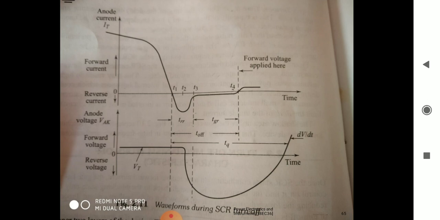So in order to turn off the SCR, the current level must be reduced to below the holding current of SCR. If we apply the forward voltage immediately after the current goes to 0, it starts conducting without gate triggering. What they are telling here is, if we make the anode current 0, so that it is below the holding current, then SCR will turn off.